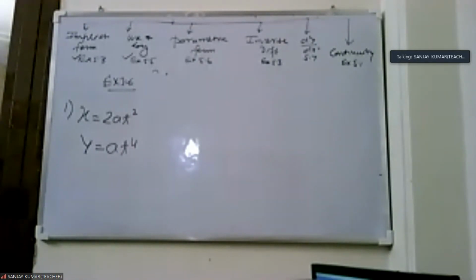You first find dx by dt, then dy by dt, and then divide.